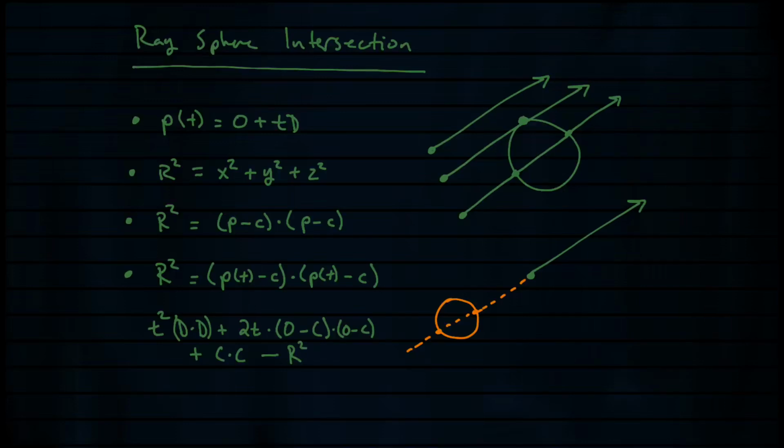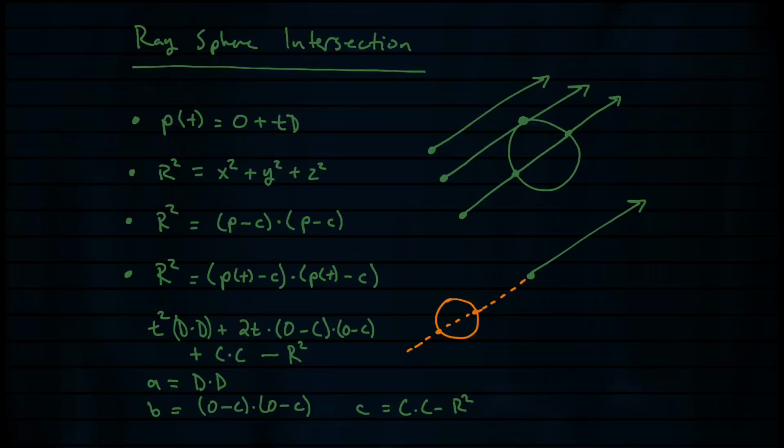And so if we put this in a quadratic form, we will have our a equal d dot d, our b equal o minus c dot o minus c, and our c equal c dot c minus r squared.